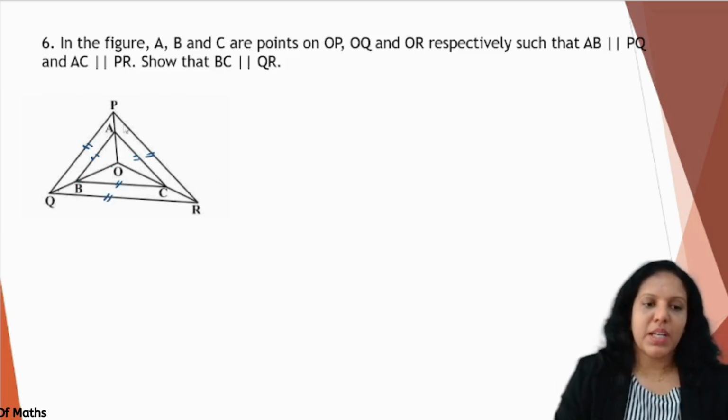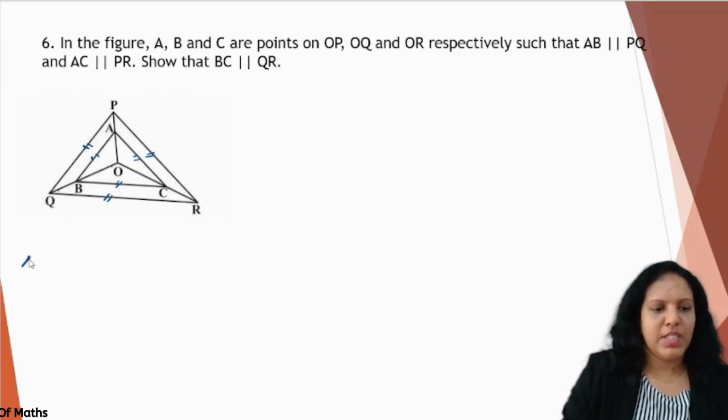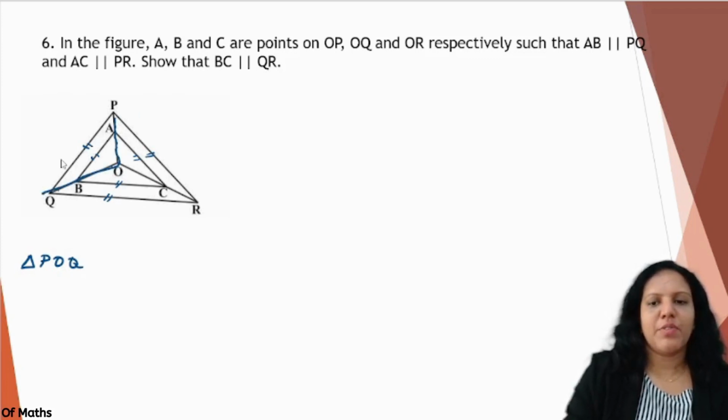So from this figure, let's first look into triangle POQ, which is P, O and Q, this triangle. And we have been given AB parallel to PQ.